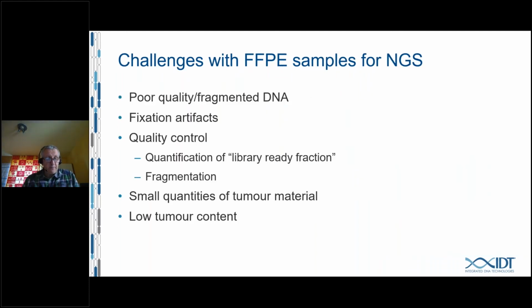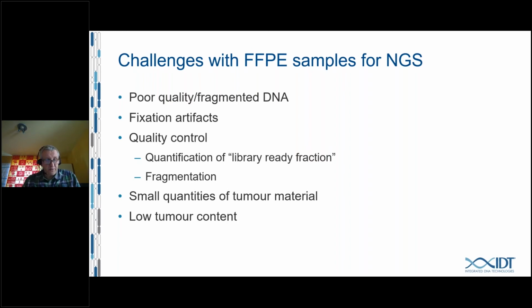Historically, cancer biopsies have been collected and stored as FFPE samples, which present some challenges for analysis by NGS. The DNA is quite often of poor quality and fragmented to a variable degree due to the fixation artifacts.